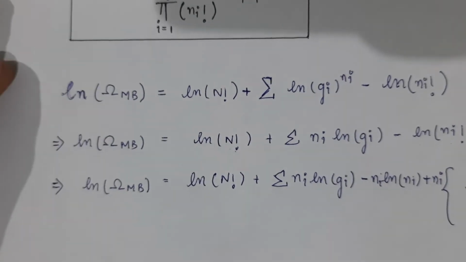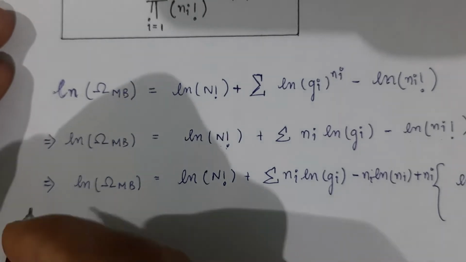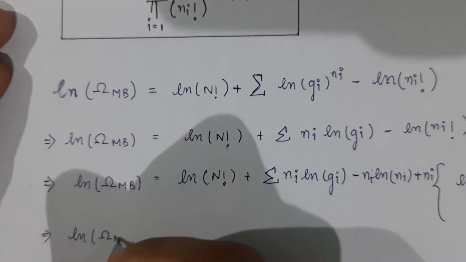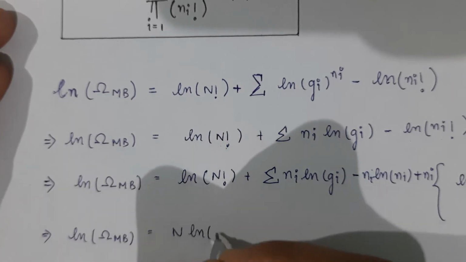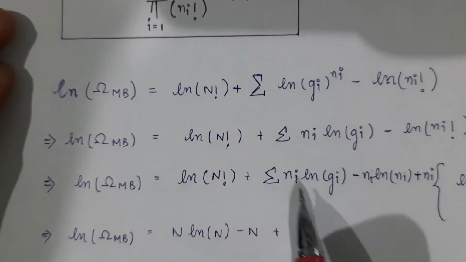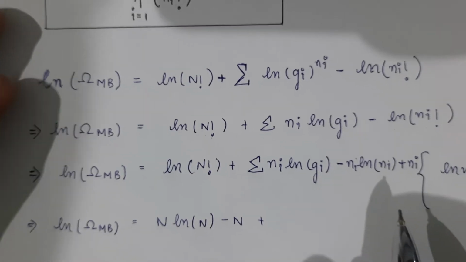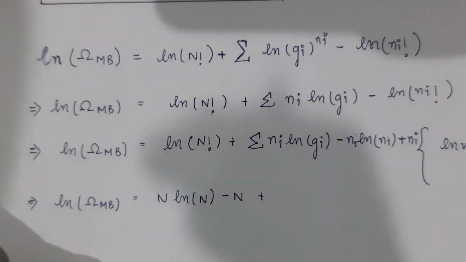Proceeding ahead, the ln of this equals n times ln n minus n, plus the summation of ni, which is simply the total number of particles in the system, equal to capital N only.